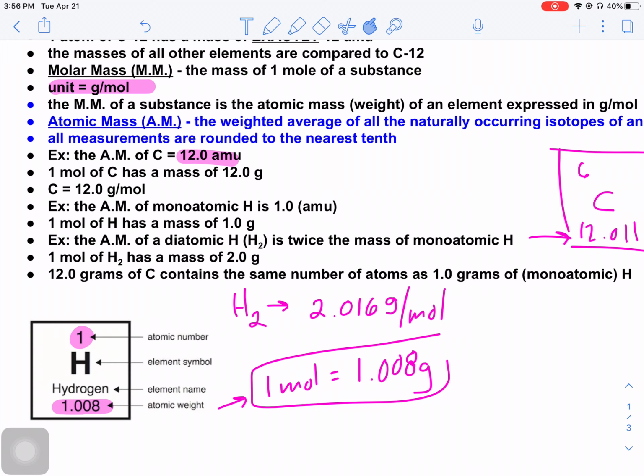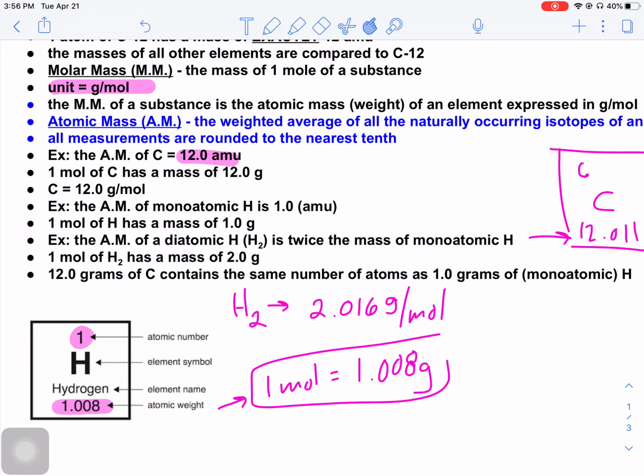So if we had 1 gram of hydrogen atoms, we would have exactly the same amount of atoms as if we had 12 grams of carbon. So what we're doing here is, rather than counting individual carbon or hydrogen atoms, we're just comparing weights. So basically, a carbon atom is 12 times heavier than a hydrogen atom, okay?